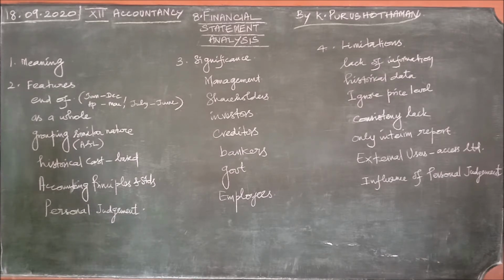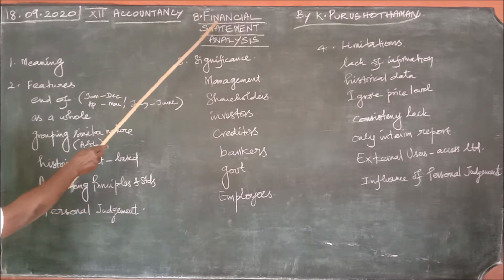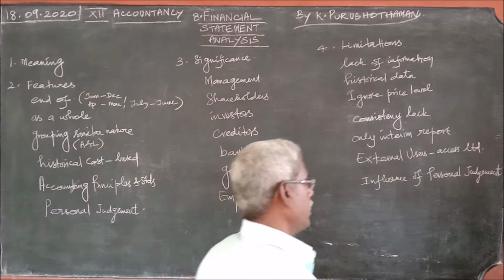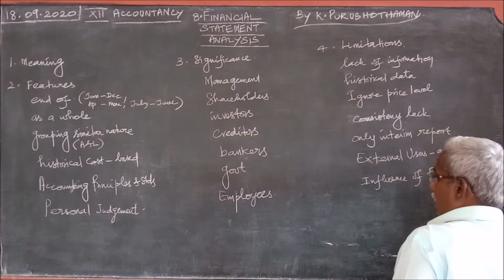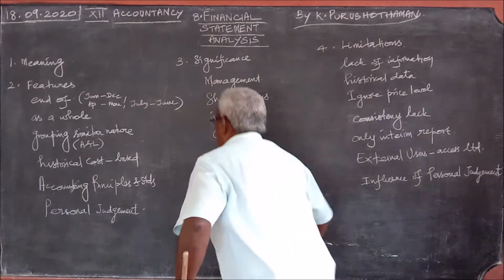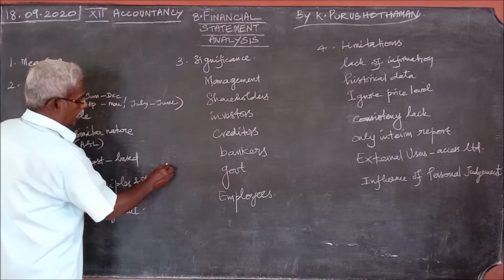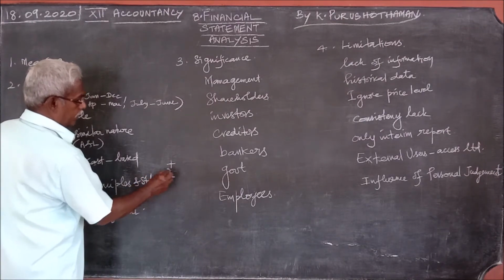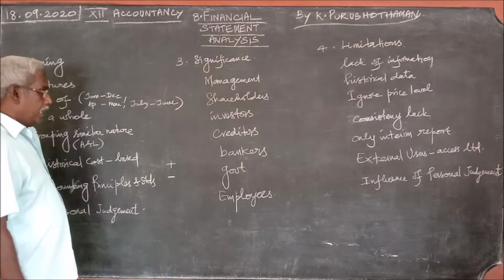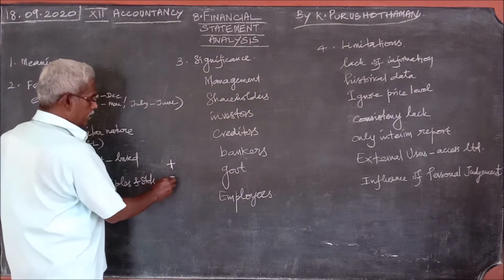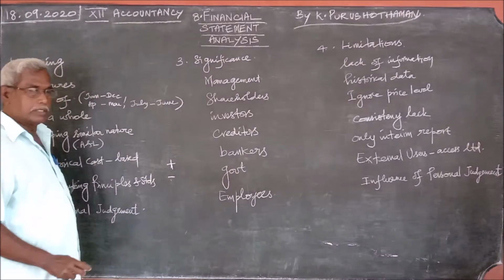Only by following those principles and standards is this financial statement prepared. I can tell you some other examples also. Regarding mathematics, we are told this is a plus and this is a minus. Had we been told this is the minus symbol and this is the plus symbol, we would follow it.